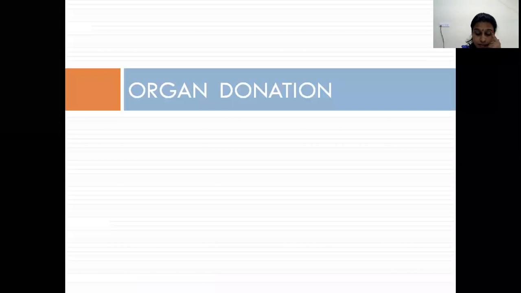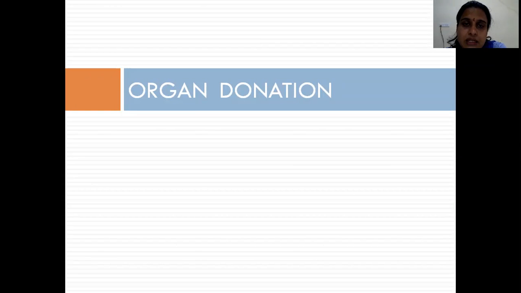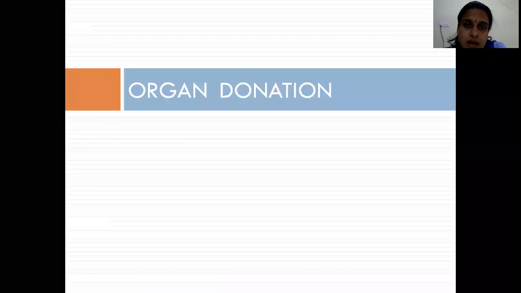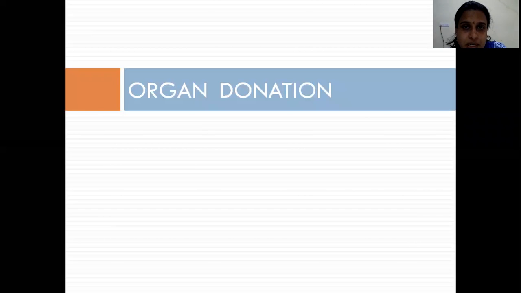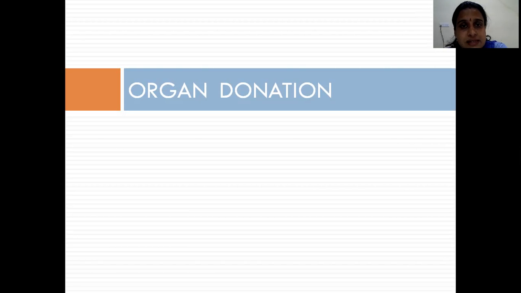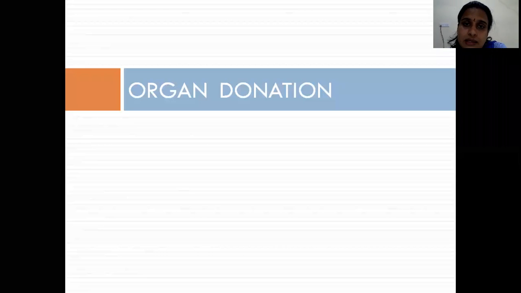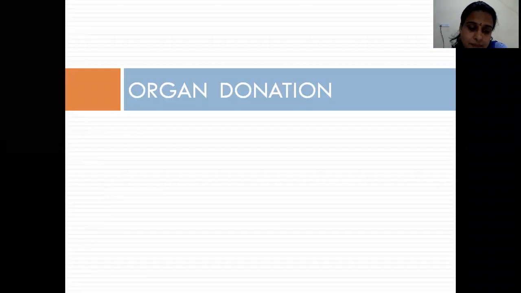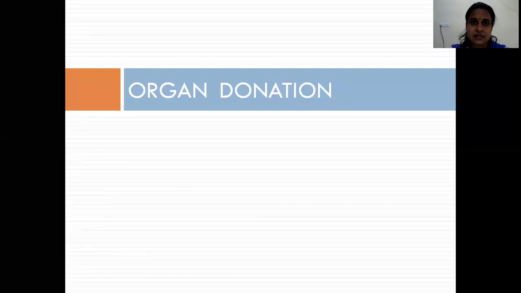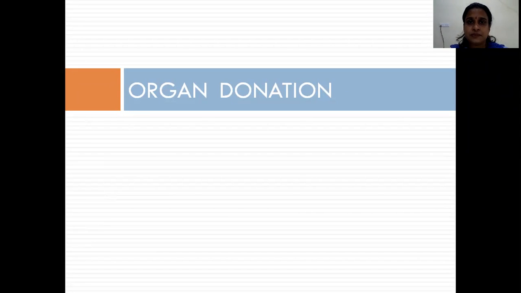Now coming to the main topic, organ donation. We'll talk about transplantation primarily as organ donation: how the organ is procured, how it is transported, and how it is surgically implanted in the host. We've prepared both the donor and the recipient. With the donor, we match the HLA antigens and ABO compatibility.